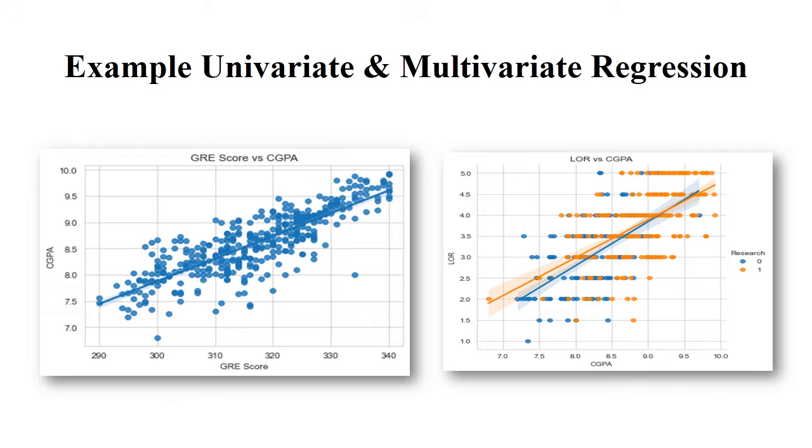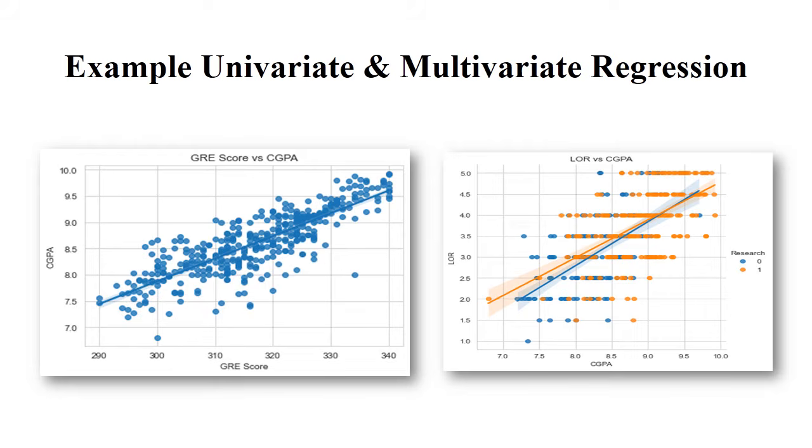Now see the other diagram. On the x-axis CGPA, y-axis LOR, okay? That is letter of recommendation, LOR. So LOR depends on CGPA. But here there is another independent variable, that is research. Blue means 0, the particular person is not interested in research. Orange means 1, interested in research, right?